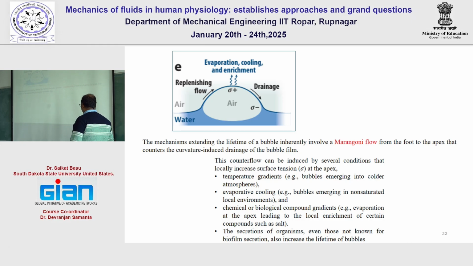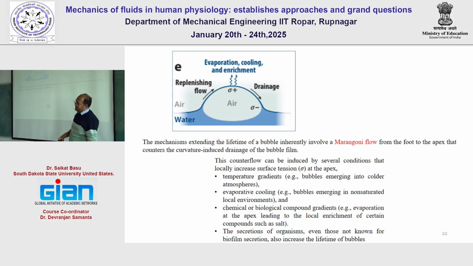Now let's say there is some surface tension gradient here, like some cold air is blowing over, or due to evaporation there is cooling happening. At lower temperature, in the case of water, surface tension increases. So if there is some localized cooling here, then sigma will increase compared to the ground level. So there is a surface tension gradient.